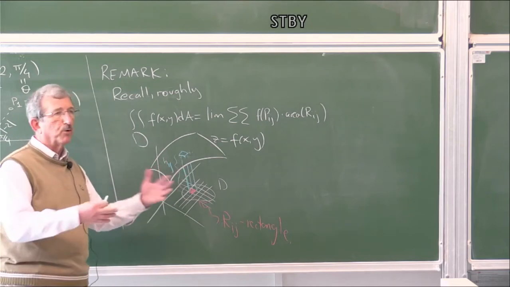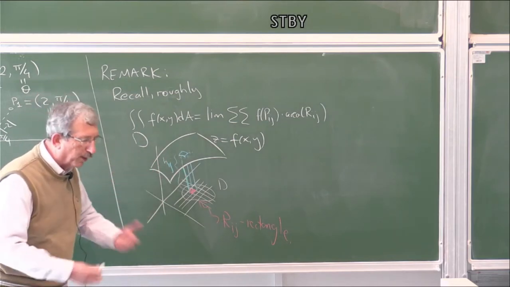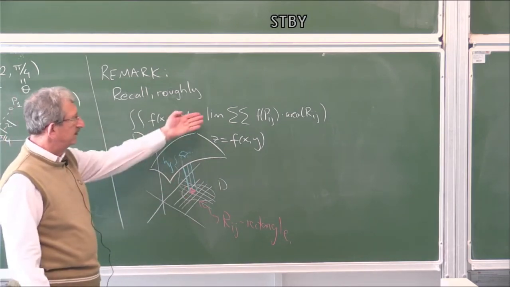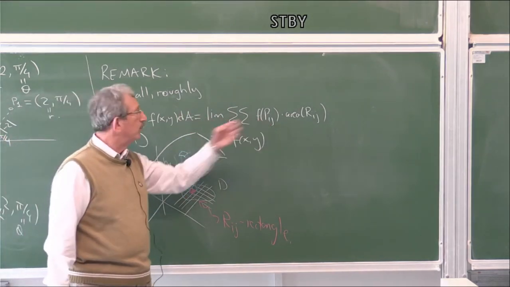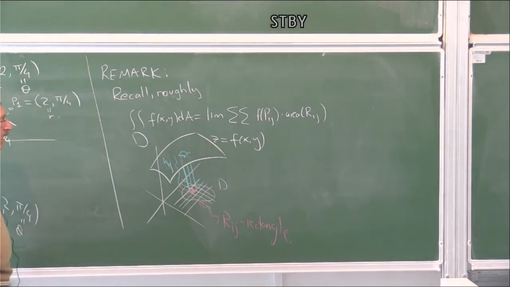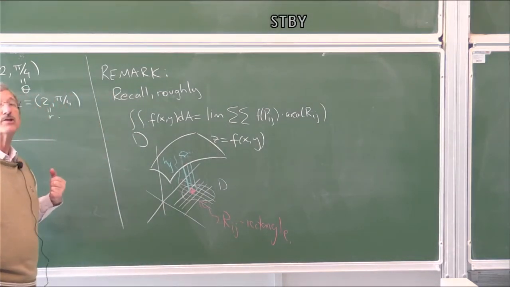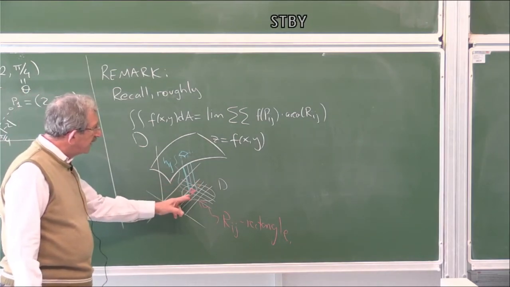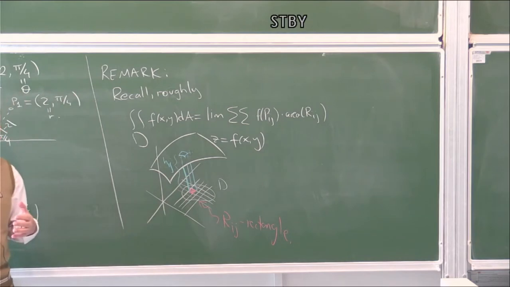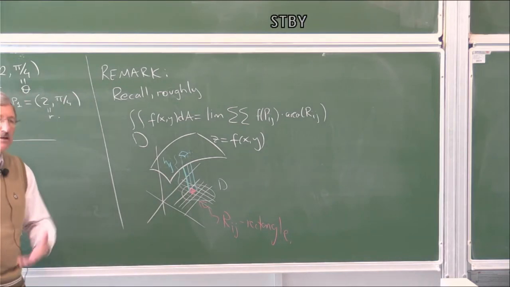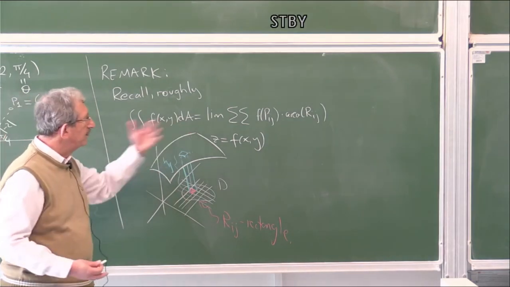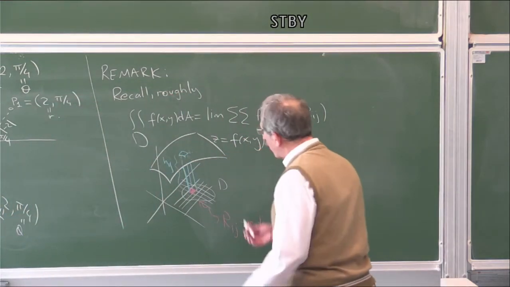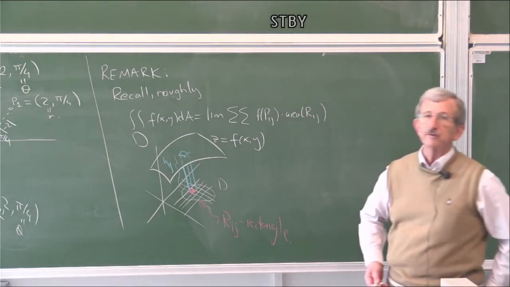We get upper or lower Riemann sums, or an arbitrary point in D, as in this Riemann sum formulation. So to find the volume, if these rectangles are small enough, we get a pretty good approximation. In the limit, we get the volume in question. So far, these are our discussions.